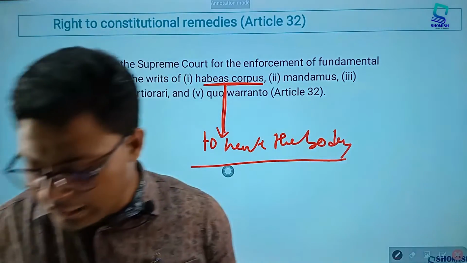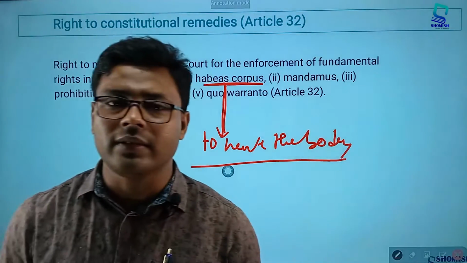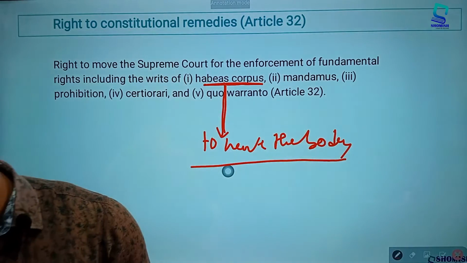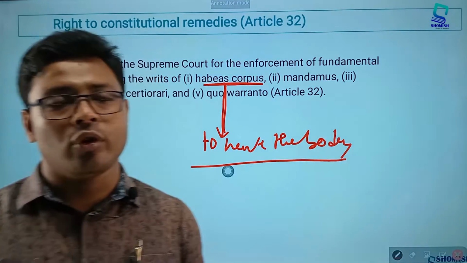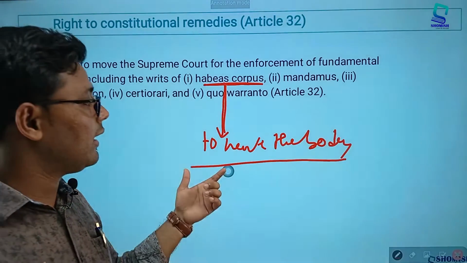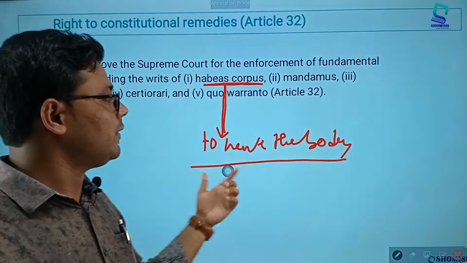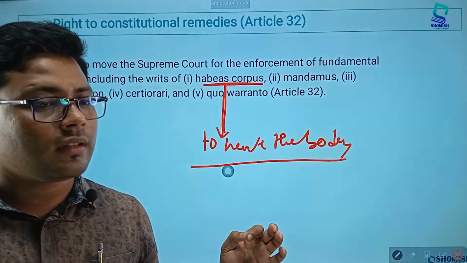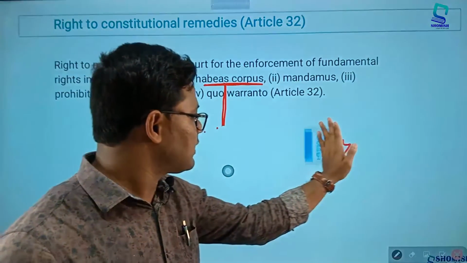If any entity or person has detained someone, they must produce him in court within 24 hours, in order to prevent violation of fundamental rights.